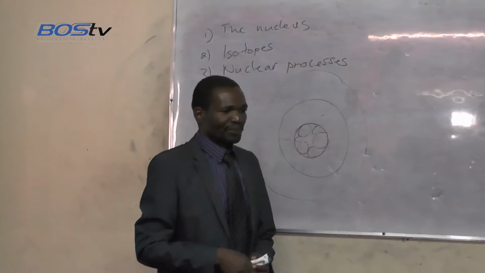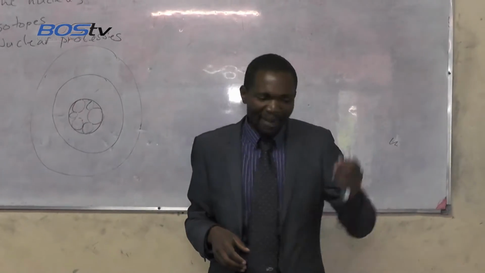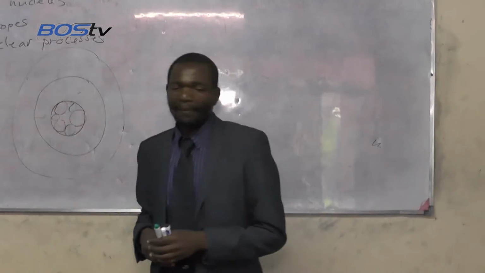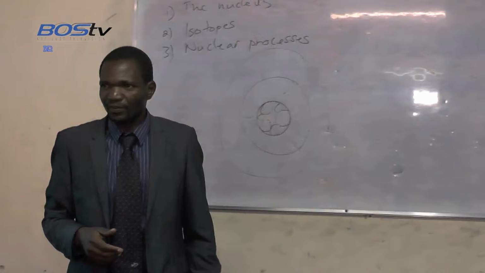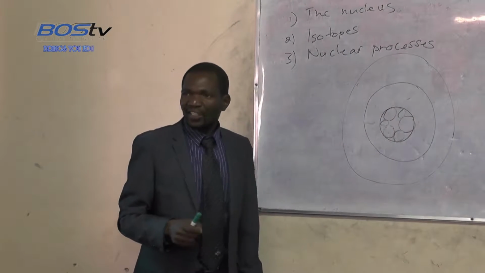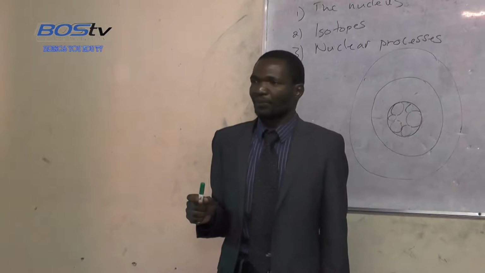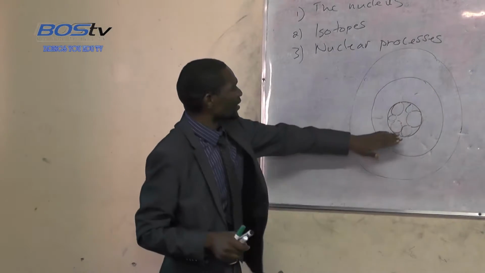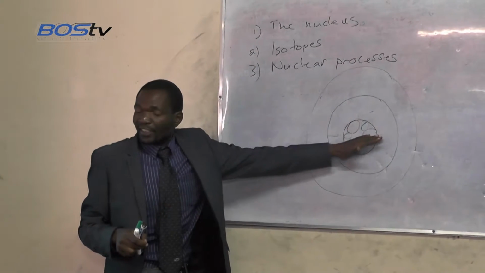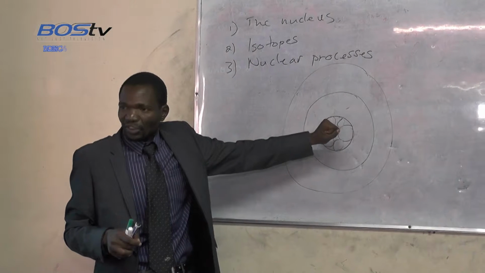Right. Then, into today's business, we want to look at what is known as mass excess and nuclear binding energy. When we look at mass excess, let's take an example. We said we find protons and neutrons, and these are found inside the nucleus.